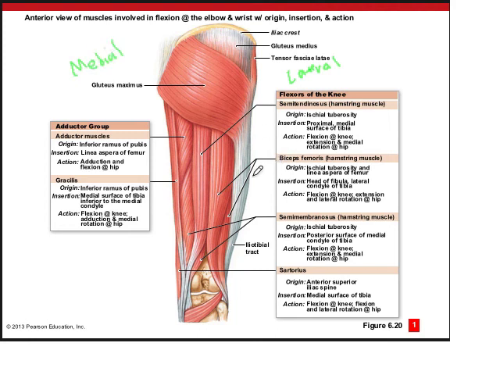So, let's start with the most lateral muscle, and that's the biceps femoris. So we'll trace him here. Biceps femoris. Two-headed muscle near the femur, hence the name.